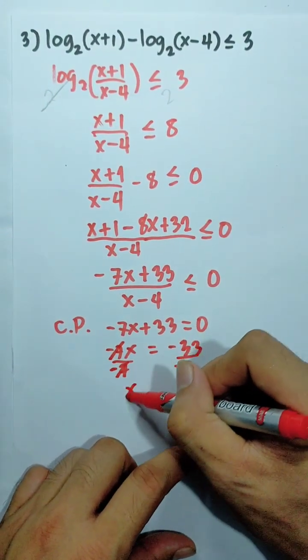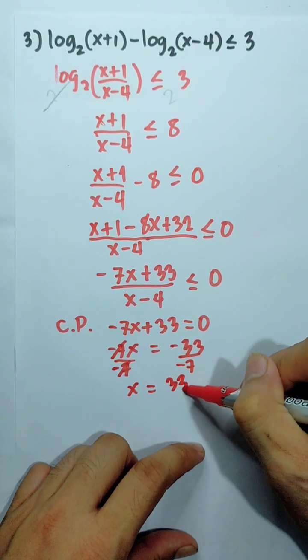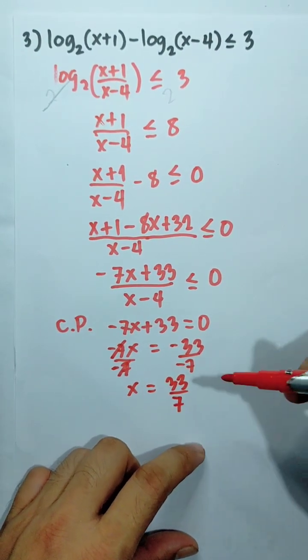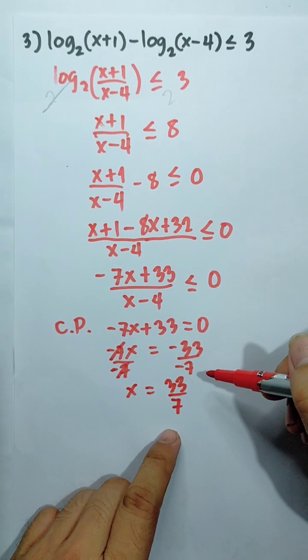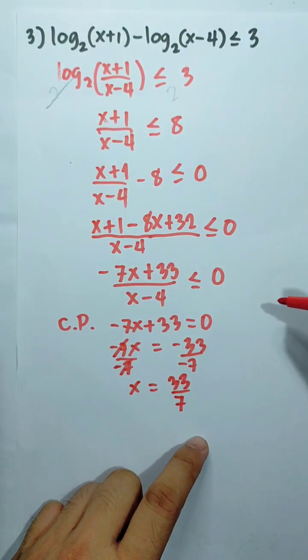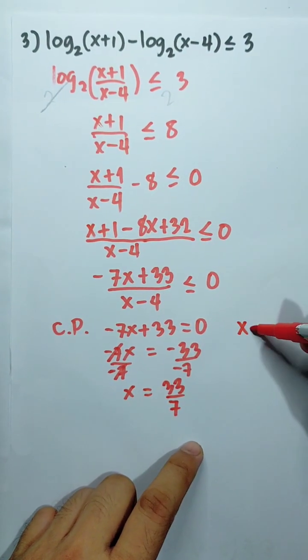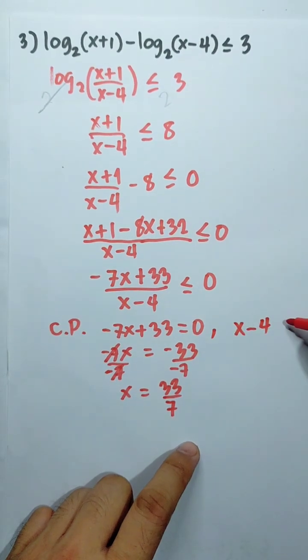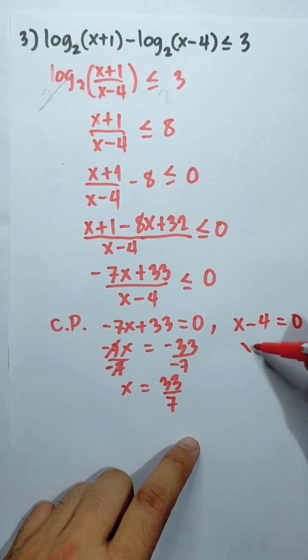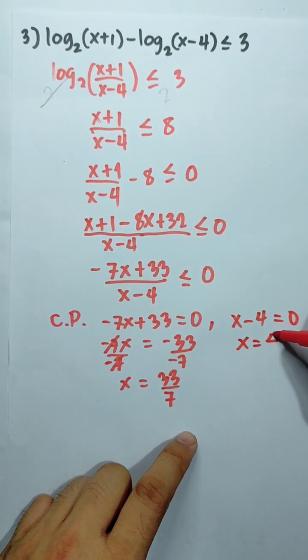This will cancel out, so x equals 33 over 7. Next, for the denominator we have x minus 4 equated to 0, so x equals 4.